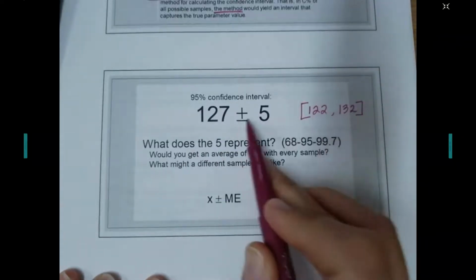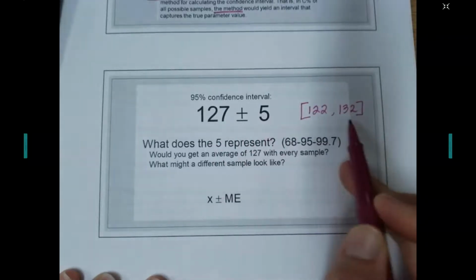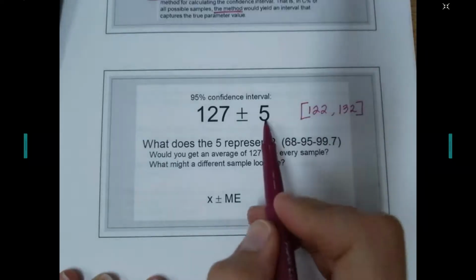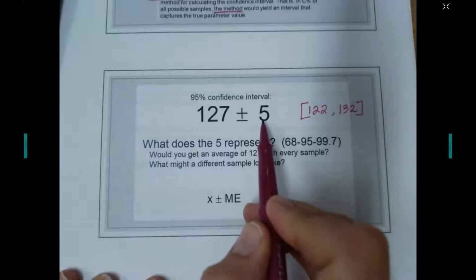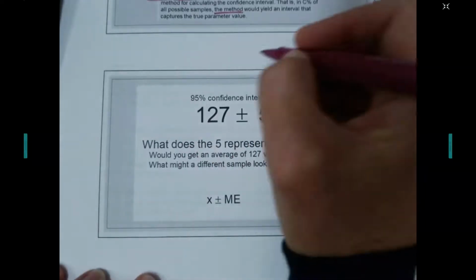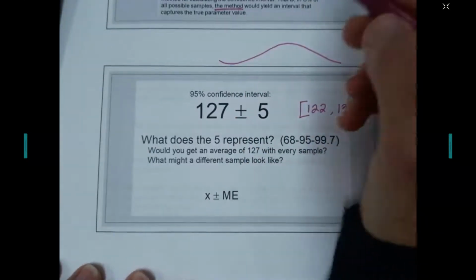And you can write intervals out as this, with the point estimate and the margin of error separate, or as an actual interval like this. Okay, so the 5 is representing my margin of error. Now, more specifically, let's talk about what this represents. Go back, in your brain, to chapter 2, when we talked about looking at a normal curve.